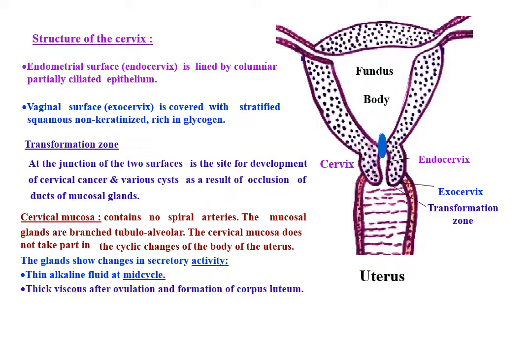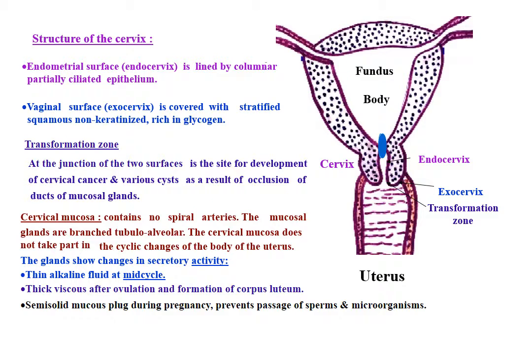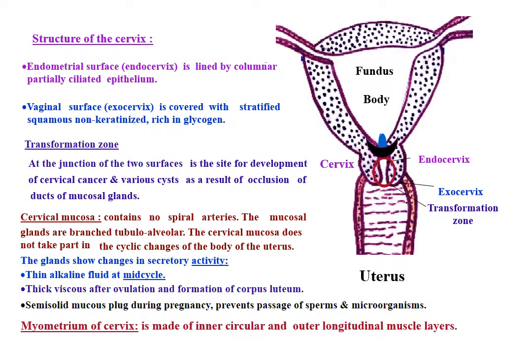During pregnancy, the secretion is semi-solid, forming a mucus plug which prevents the passage of sperms, microorganisms, and other materials from entering the uterus from the vagina. Myometrium of the cervix is made of inner circular and outer longitudinal muscle layers.